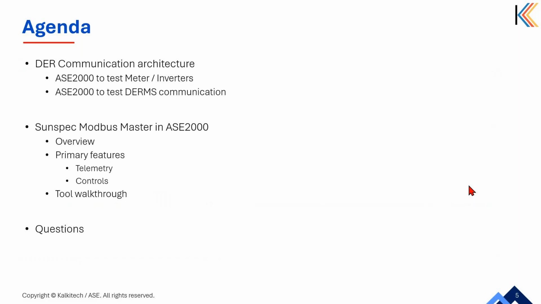So how is it that 2030.5 came into development, and why don't we use standard SCADA substation protocols with DER sites? Yeah, here DER communication is slightly different from standard SCADA communication. In most cases in SCADA, generally the master or the client makes the connection to the remote devices. And in this case, in 2030.5 or on the DER side, the server listens for the connection so that other devices in the network can connect to it.